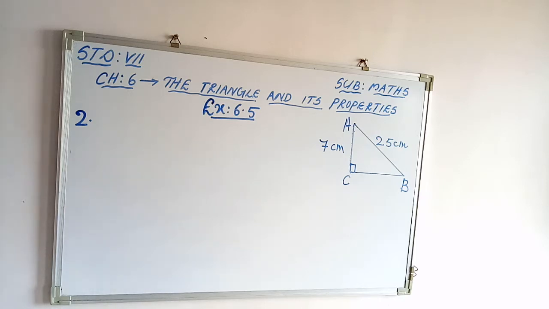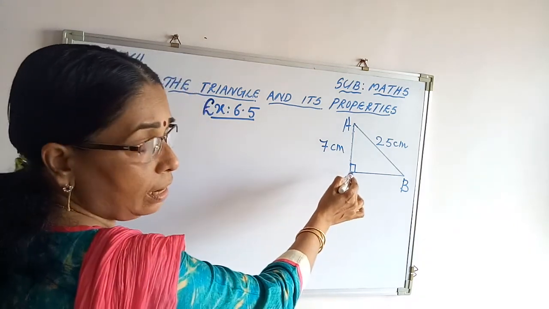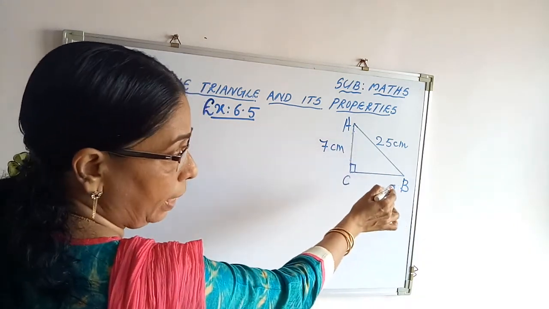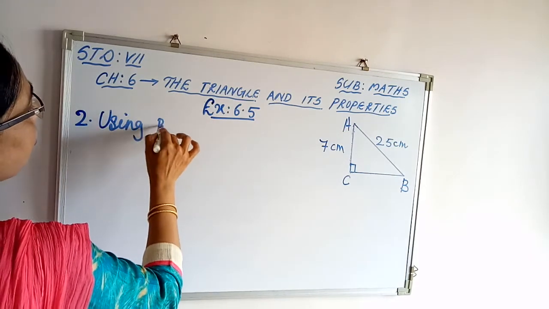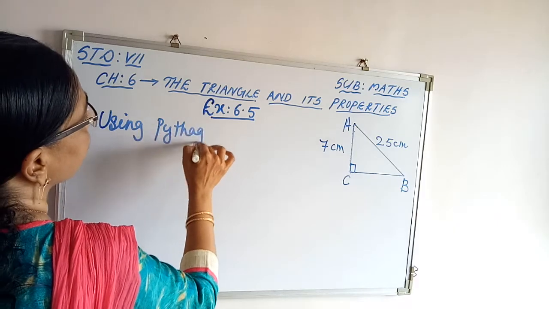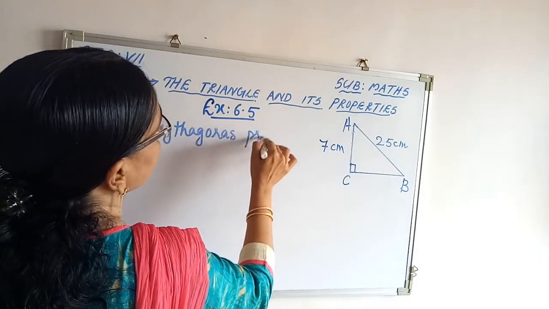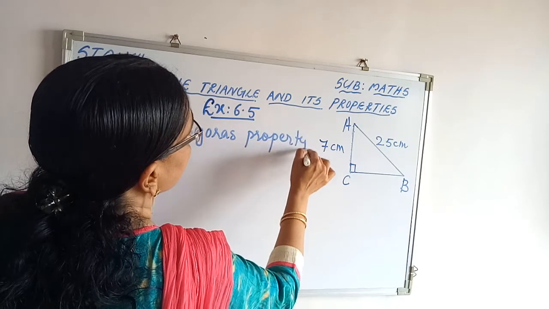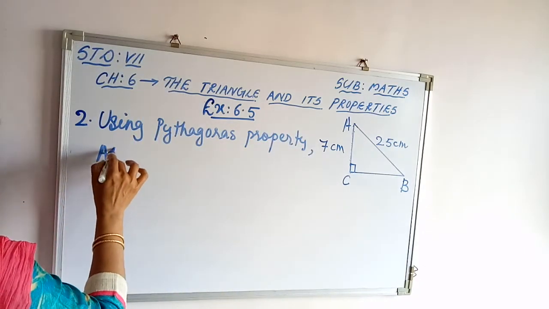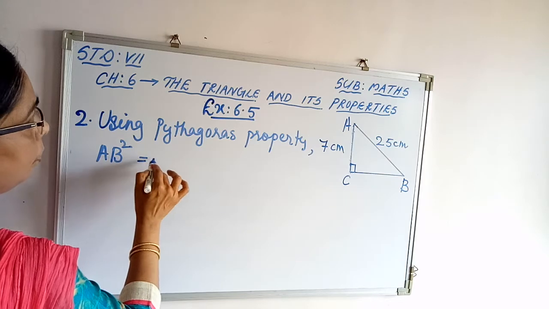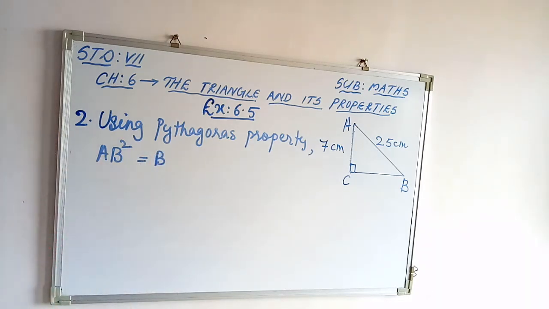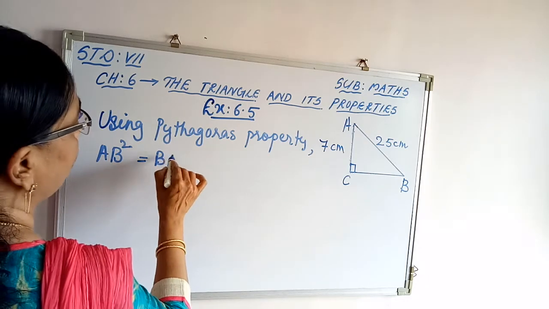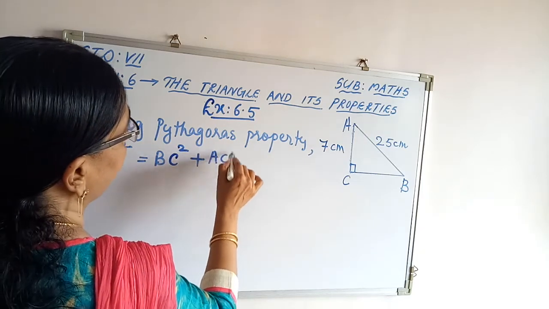As C is the right angle, AB is the hypotenuse, I told you. So using the Pythagoras property, we can write AB square, hypotenuse square, is equal to AC square plus CB square, or BC square plus AC square.